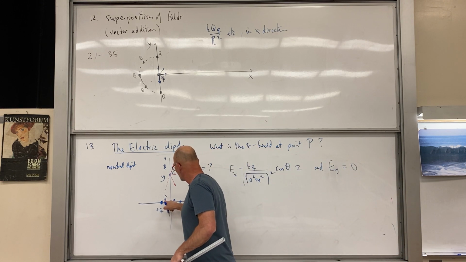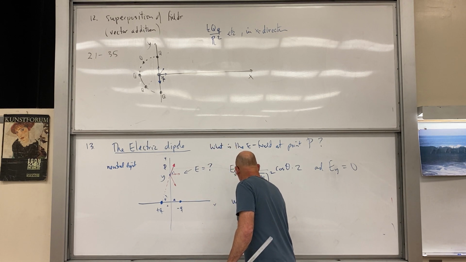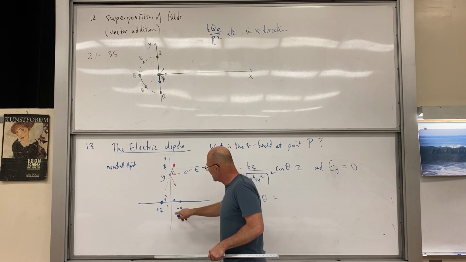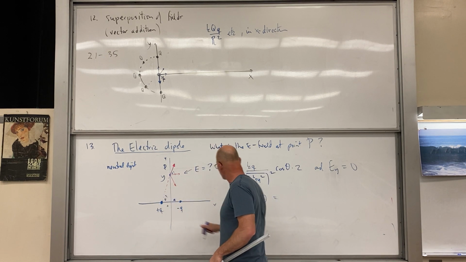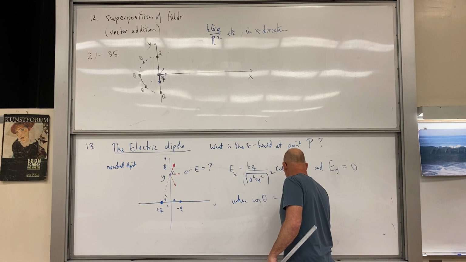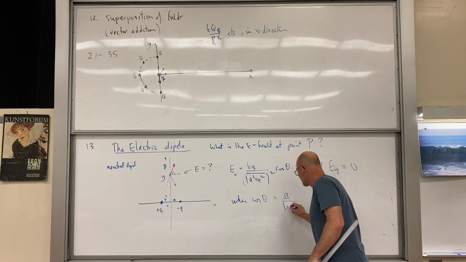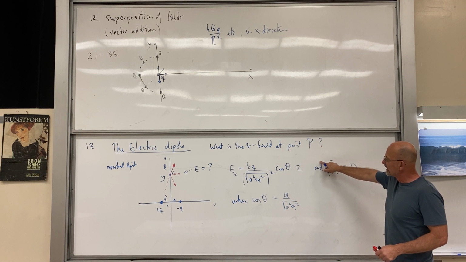We can go down here again. The cosine of the angle, where cosine theta is going to be the projection a divided by the hypotenuse. So that's a divided by root a squared plus y squared. And so if we put all these things together, what do we get?